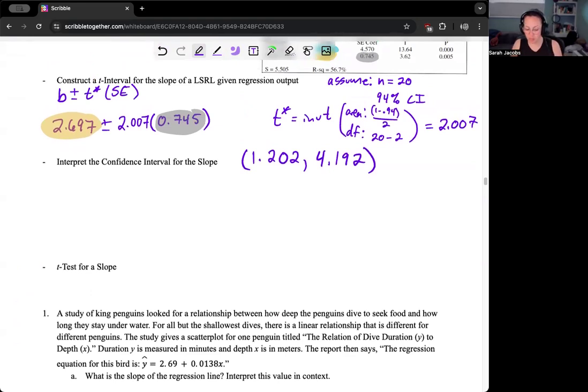And then for interpreting it, it's the same we are blank percent confident as we always use for confidence intervals. But this time it's not about the value or a difference in value. It's about the actual slope.